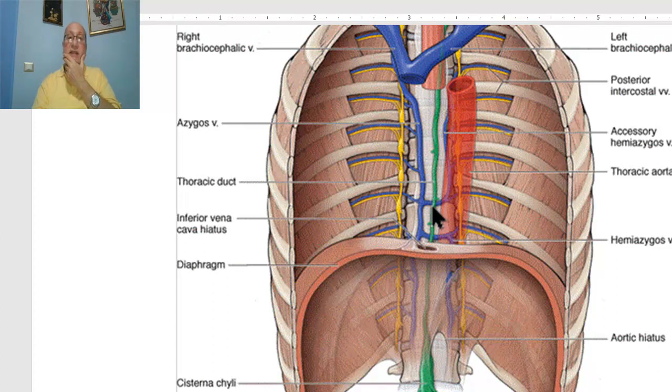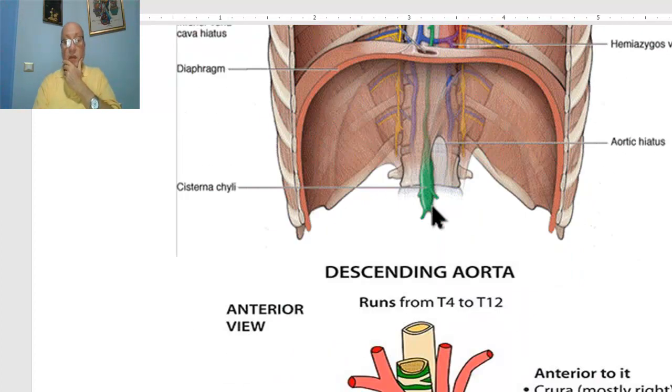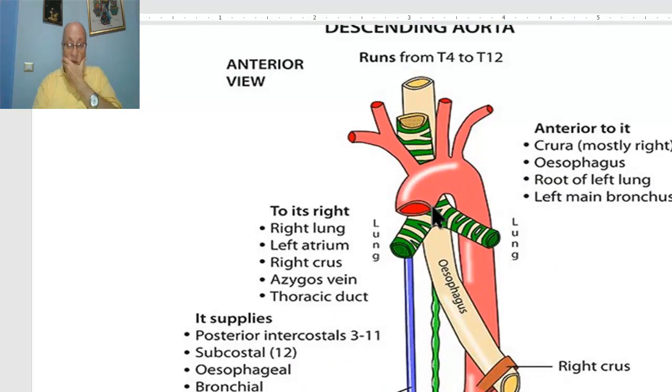On the left side, from above down. Also, this picture is very good for the right structures. Structures related on the right side of the descending aorta: esophagus mainly. After crossing in front, thoracic duct and azygous vein.